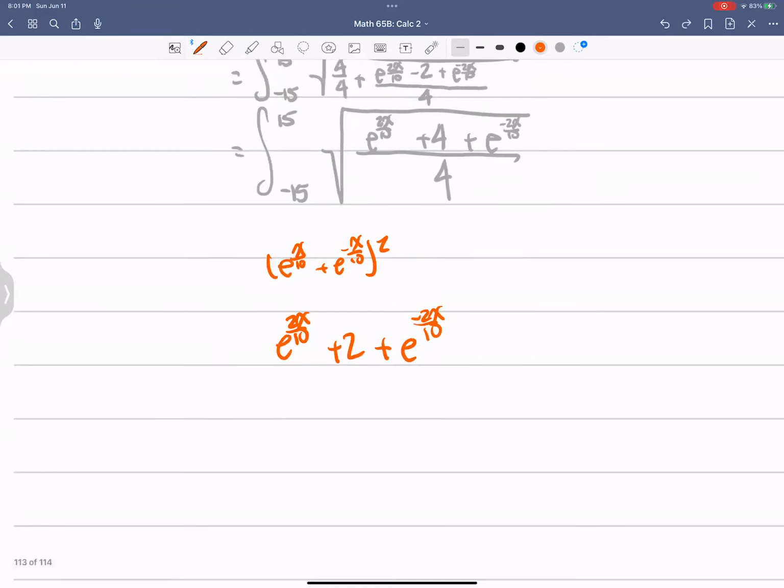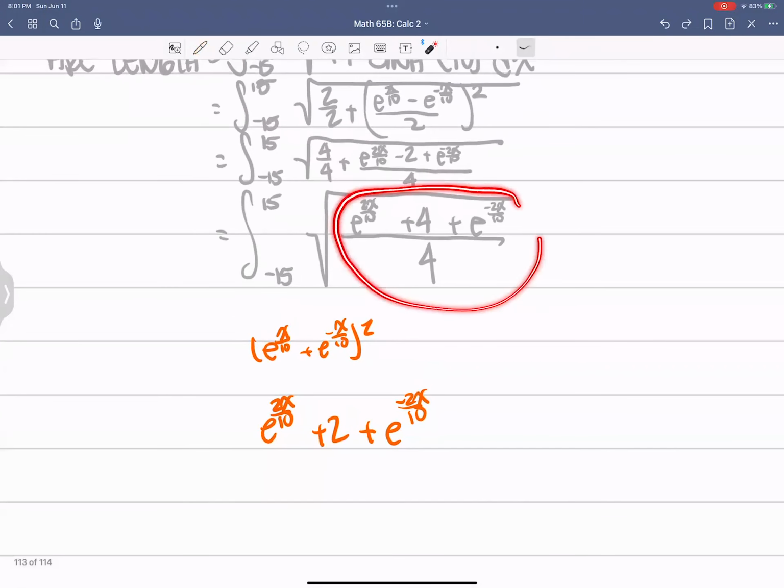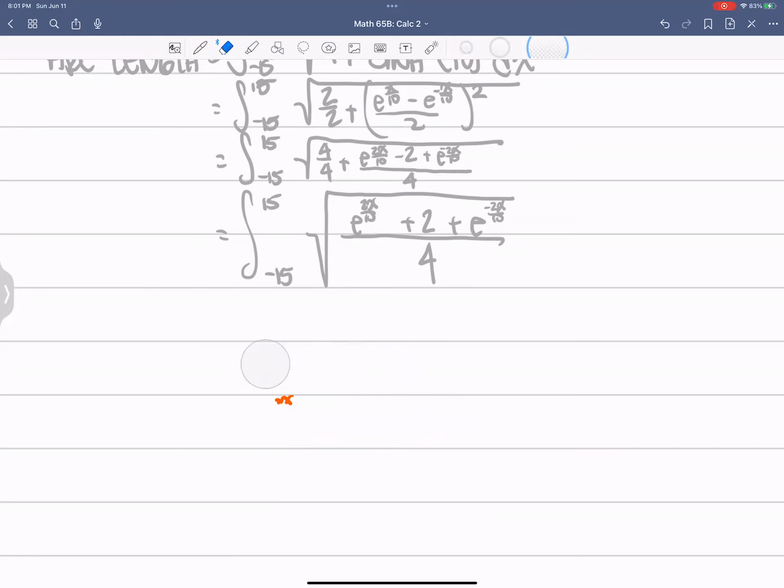That would be the hyperbolic cosine, and that's exactly what this numerator is. There shouldn't be a 4, there should be 2. Much better, that's exactly what we have there. So we have cosine squared inside of the root, and everything comes out a lot better.